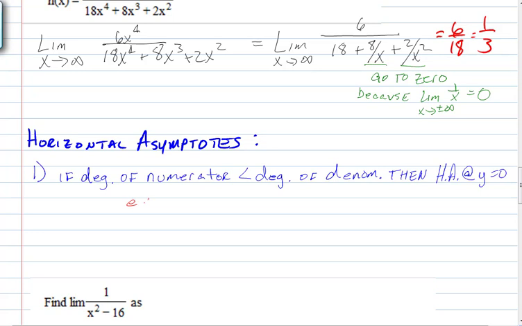For example, f of x equals 3x plus 2 over x squared plus 4 has a horizontal asymptote at 0. Here the degree of the numerator is less than the degree of the denominator.